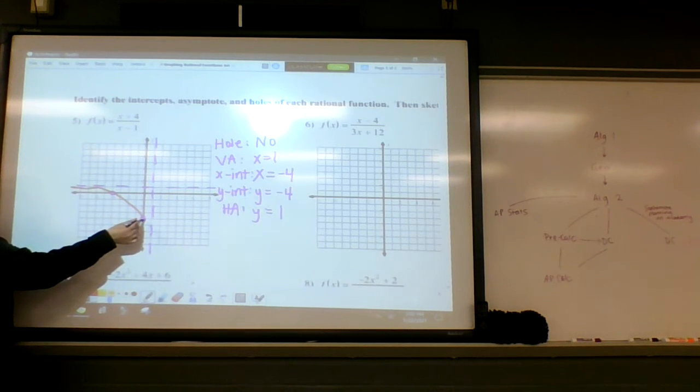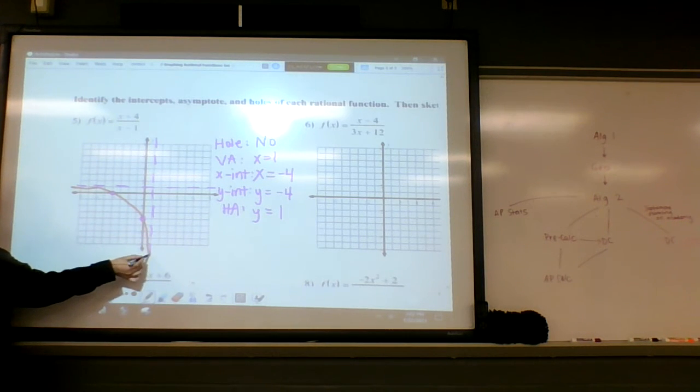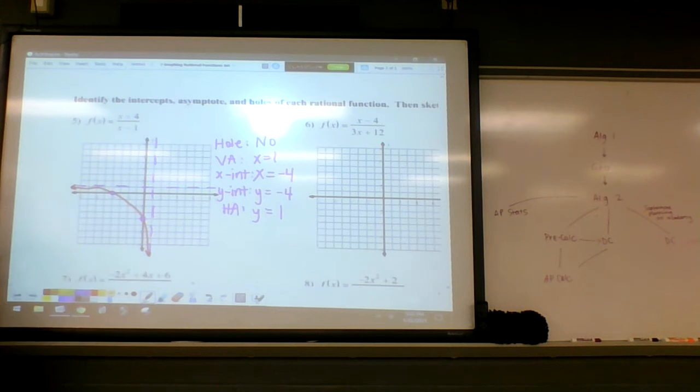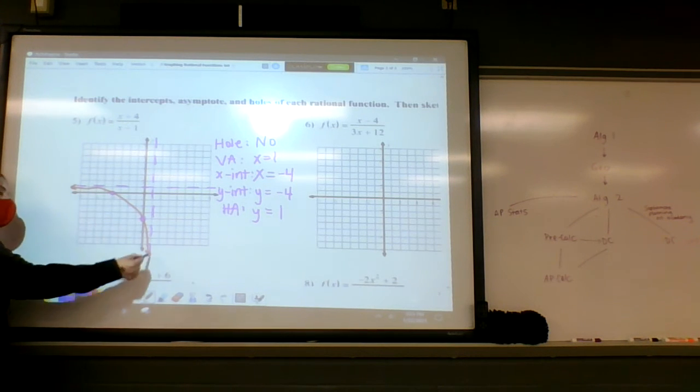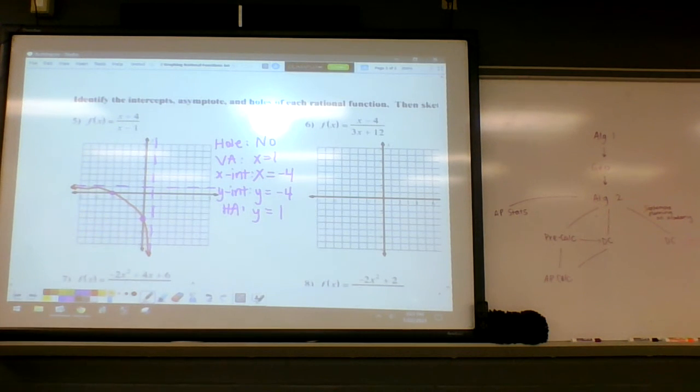And then from there, where does it have to go? Down along the vertical asymptote. So it's going to head that direction. And it's just going to be this nice smooth curve happening.